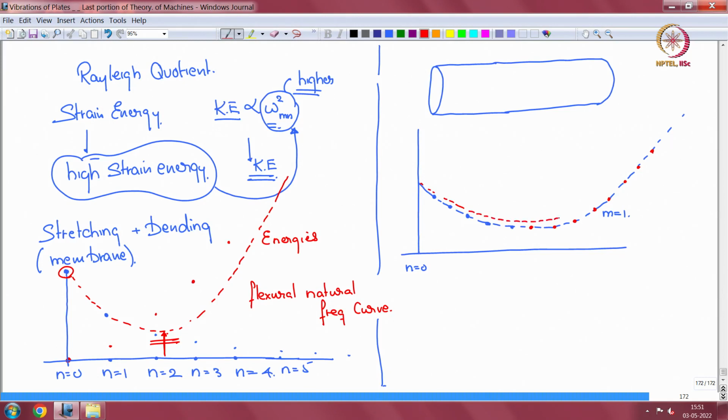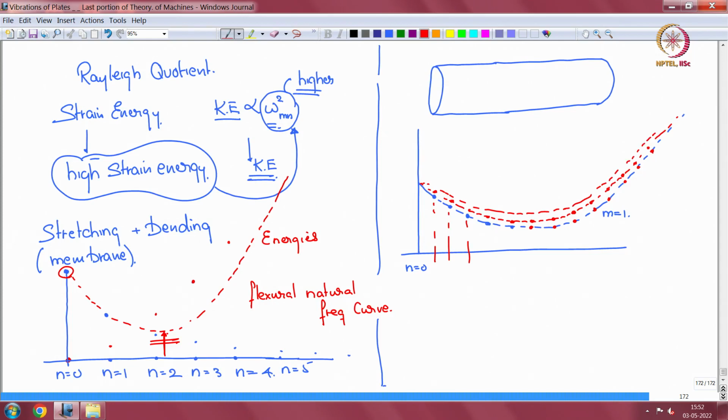The m equal to 2 natural frequencies are higher but close, so their circles are here, this is n1, n2, etc. Then m3 may be slightly above but again close, and m4 is close.